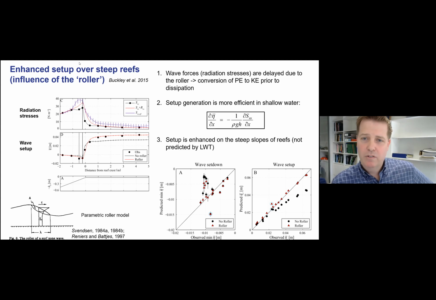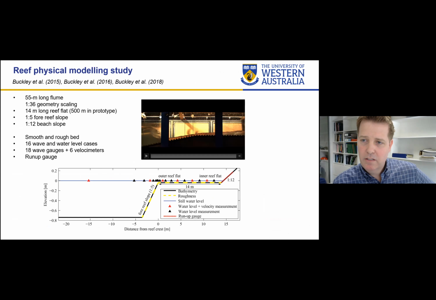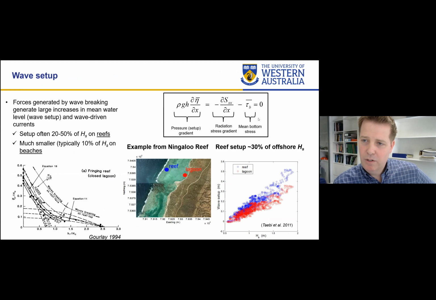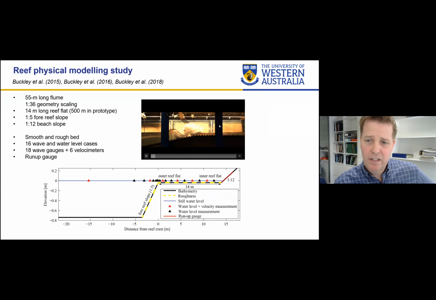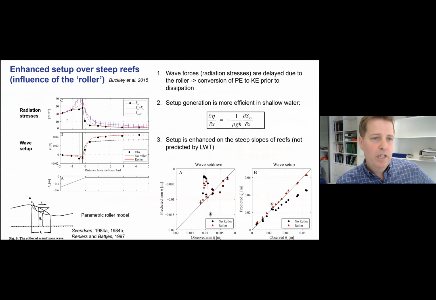So if we have a smooth case here, if I go back to here, our mean bottom stresses are 0. So we have a balance between a wave setup gradient term, a pressure gradient term, and our radiation stress gradients. Based on the water level measurements, we can look at what our radiation stress measurements tell us.